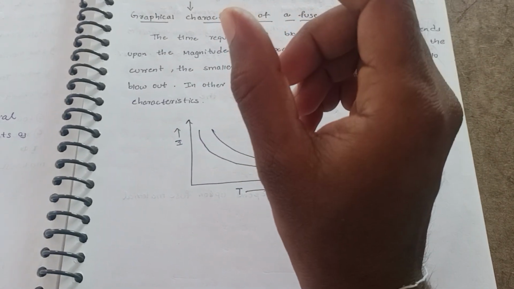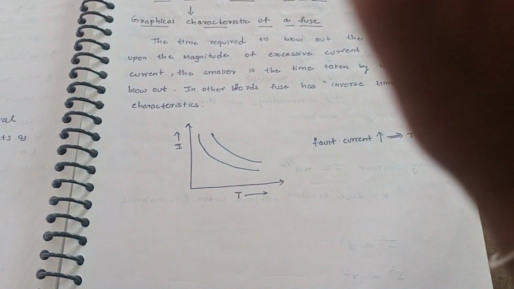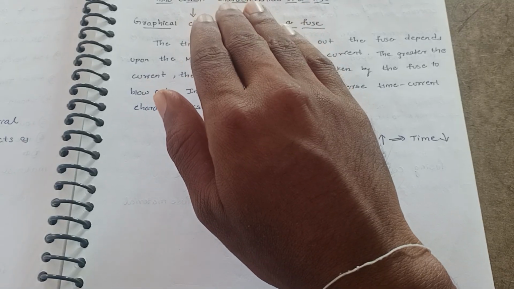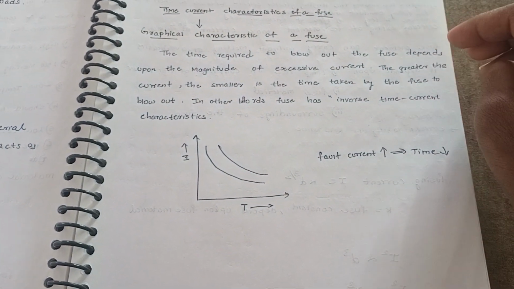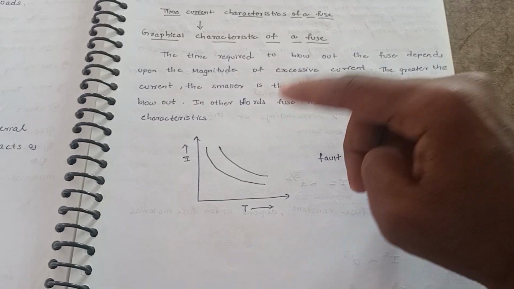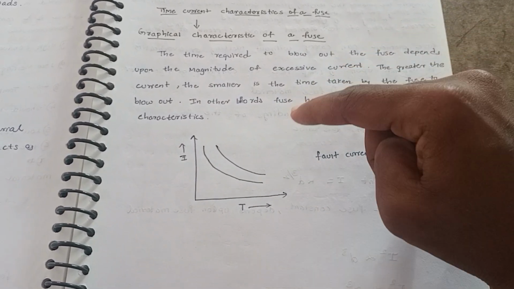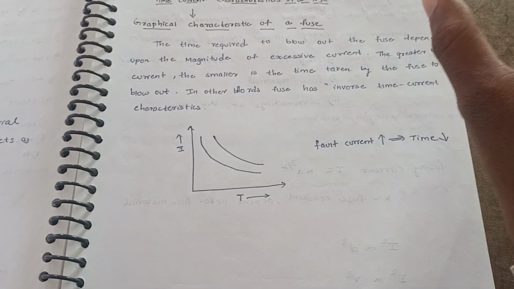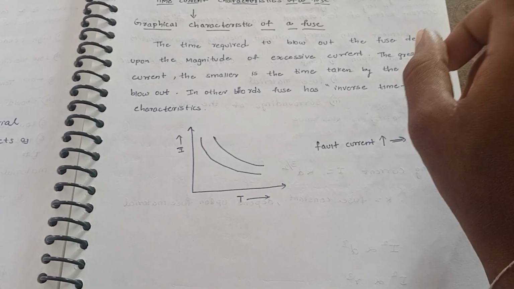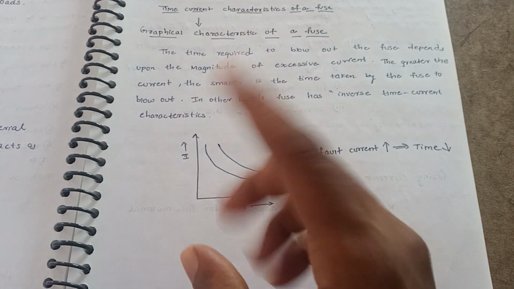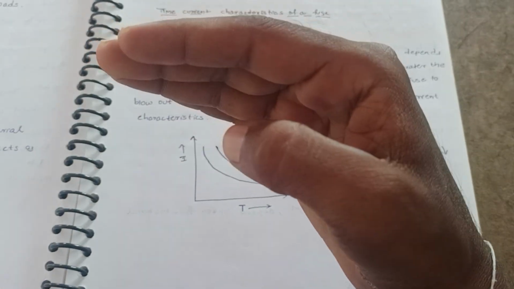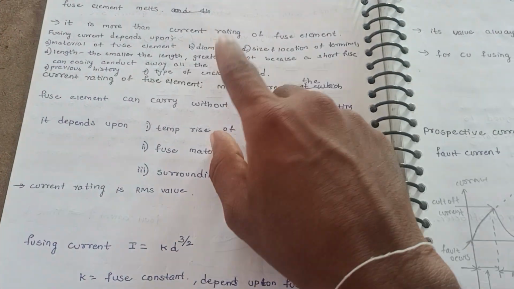As the excessive current increases, the time decreases; as the excessive current decreases, the time increases, and vice versa. The greater the current, the smaller the time taken by the fuse to blow out, so the fuse will cut off in a small time. In other words, it has inverse time characteristics: as current increases, time decreases.